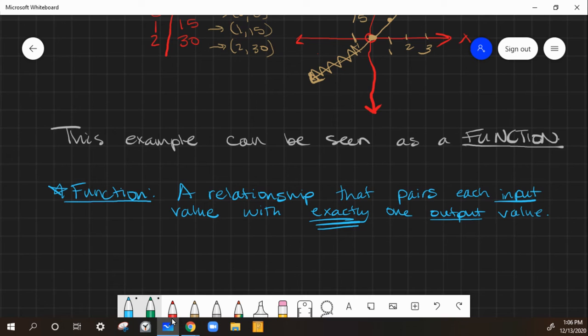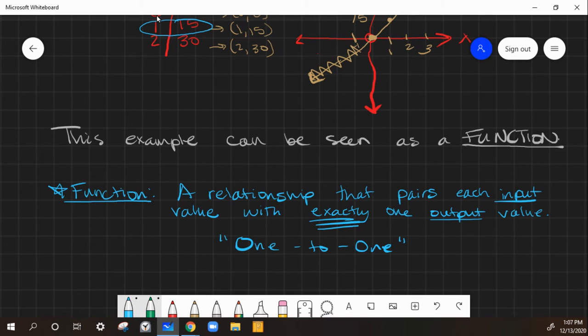Mrs. Warren, what does that mean? Here's what it means. If I work for 1 hour, I'm only going to earn $15 based on that example. I work 1 hour, there will never be another amount of money I will earn for this example. In other words, we call this 1 to 1.